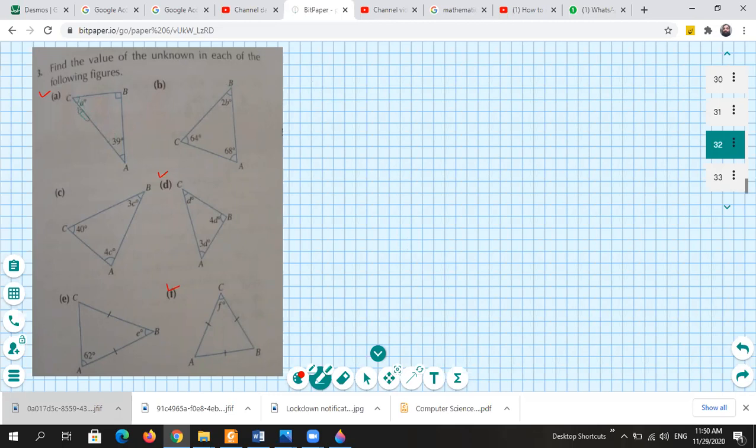You can see that in this part, A is the unknown angle, whereas the second one, angle B, is 90 degrees, and the third angle, C, is 39 degrees. According to the concept we have studied, angle A plus angle B, which is 90 degrees, plus angle C, which is 39 degrees, must be equal to 180 degrees. So 90 plus 39 is 129.